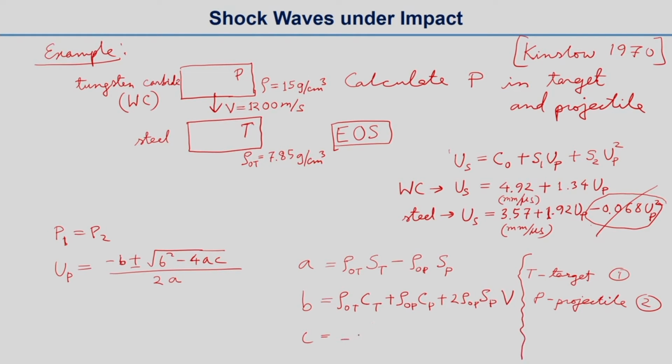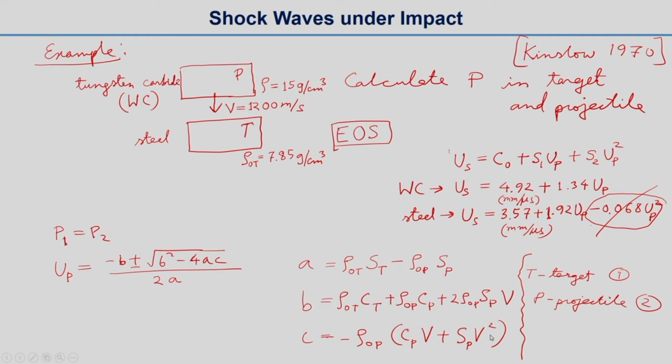And then C will be equal to minus rho naught P for projectile, C this shock parameter for the projectile material, multiplied by V, the impact velocity, then rho naught P, sorry, this will be S1, SP V square.